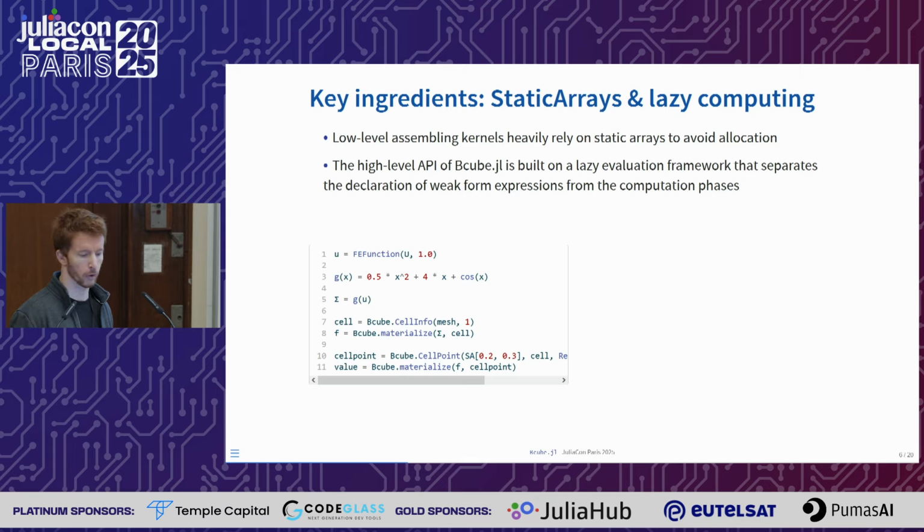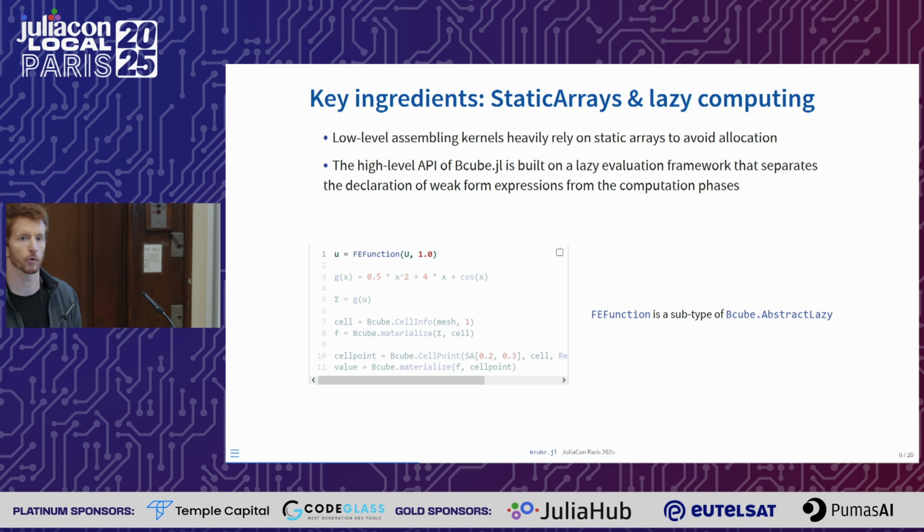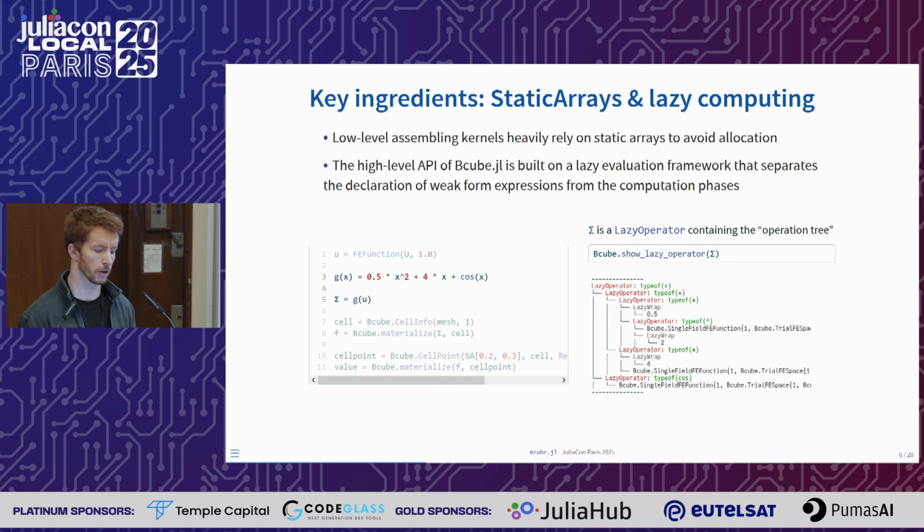So to give you an overview of this mechanism, you can consider, for example, a finite element function, U. So basically, this finite element function will represent a solution, a polynomial solution defined on the entire mesh. And what is important here is that this finite element function is a subtype of an abstract lazy. It means that if we apply a function g on this finite element function, what you get is a lazy operator that contains all the operation tree.